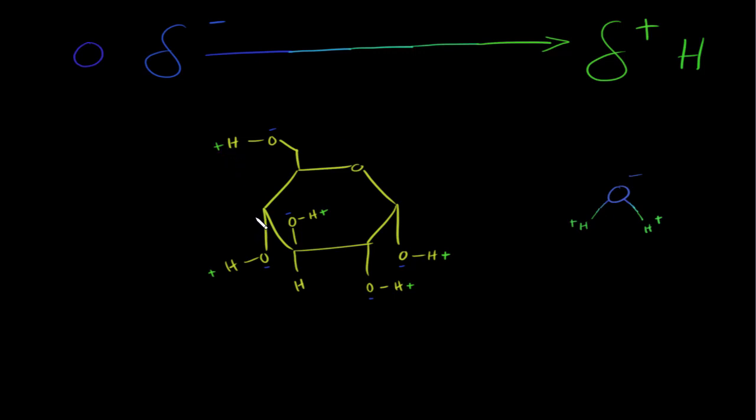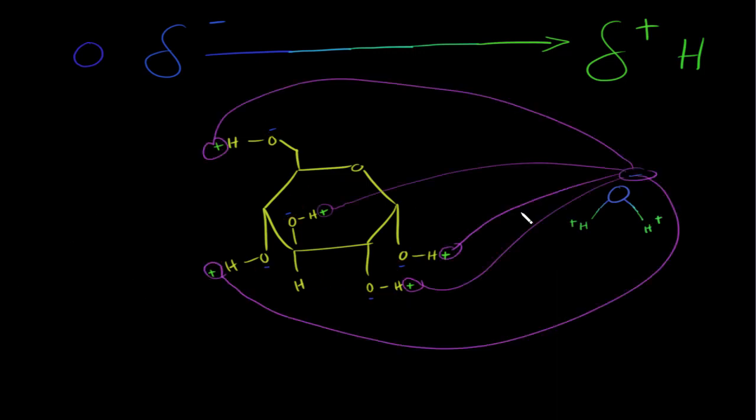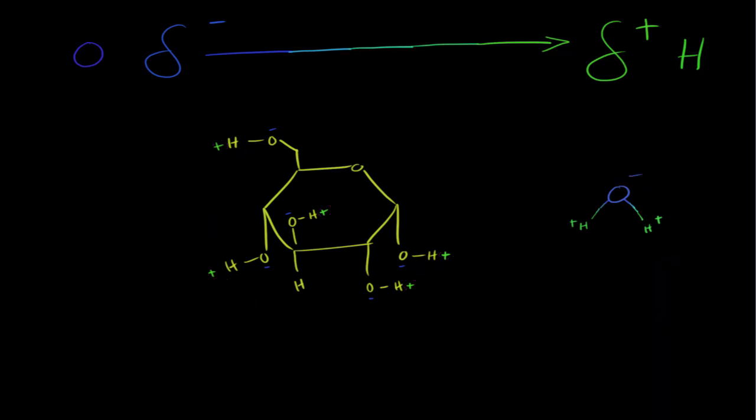And because of that, water likes to stick like the 2 opposite ends of Velcro to all of the opposite charges on glucose. And so these positive dipoles on water would like to stick to all of the negative dipoles on glucose, and vice versa. All of the negative dipoles all over the water molecules would really like to stick to all of the positive dipoles all over glucose. But as it turns out, it does not dissociate.